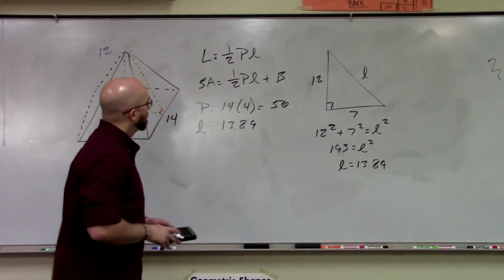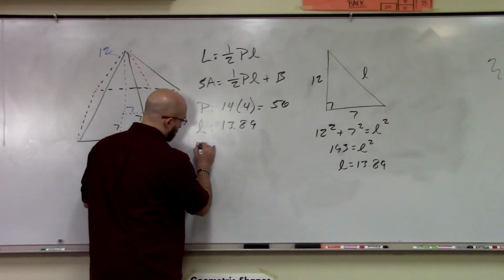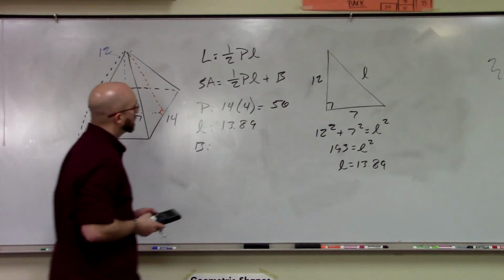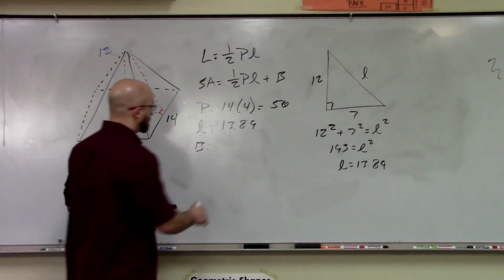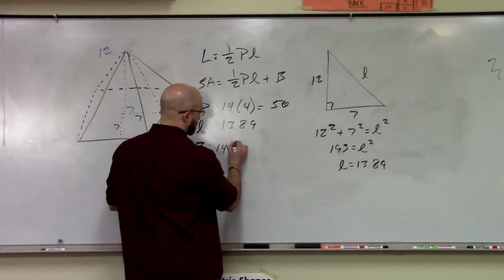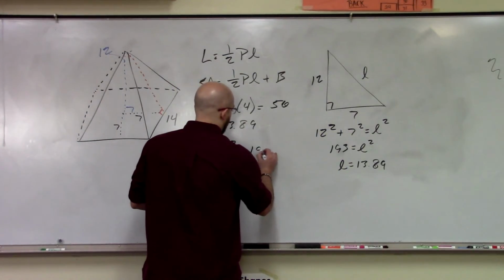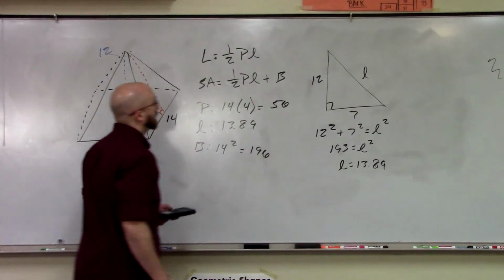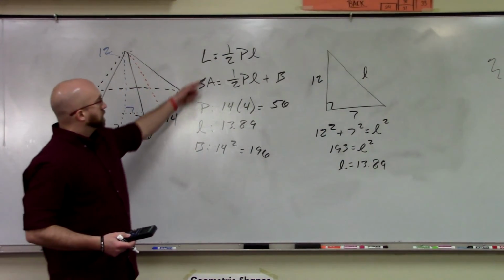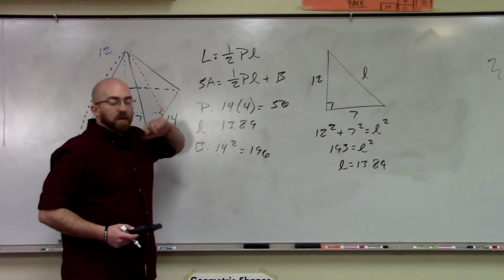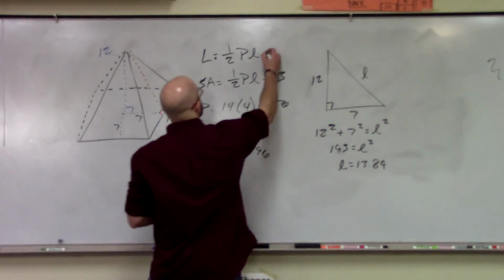Okay. I need to find capital B. So it's a square base, so it's just 14 squared. 196. So I got my P, got my L, got my B. Just plug everything in now.